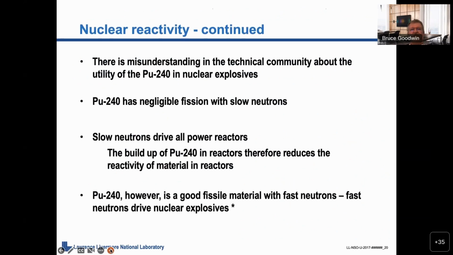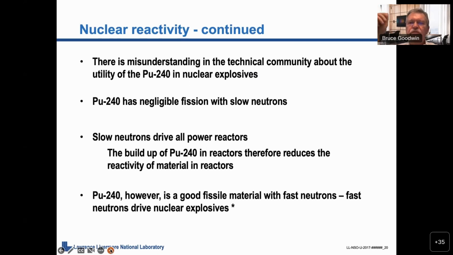So reactivity, let's continue here. There is a misunderstanding, and I'm being generous here. I don't think it's truly a misunderstanding, but I'll give them the benefit of the doubt, in the nuclear electric technical community about the utility of plutonium-240 in nuclear explosives. Plutonium-240 has a negligible fission rate with slow neutrons.